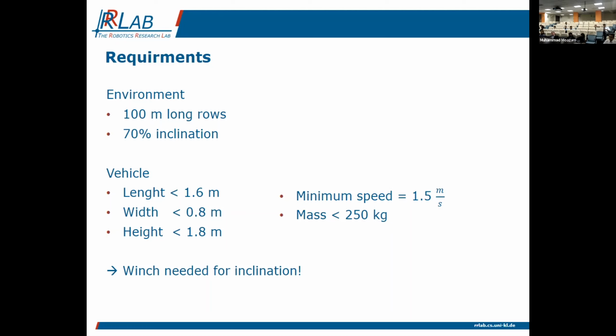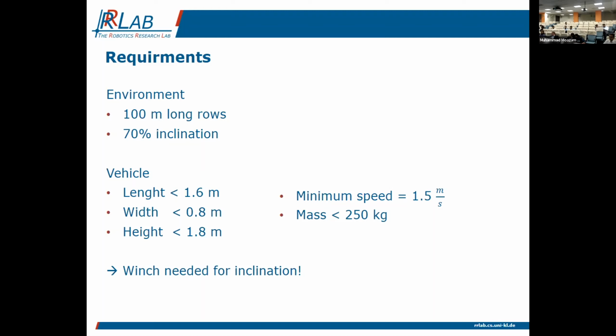For example, the width is important because of the distance between the vines. It must not be wider than 0.8 meter. The height is important for transporting the vehicle from vineyard A to vineyard B with a tractor or a truck. If it were too high, it would not be possible to transport it in an easy way. And also the speed is important.